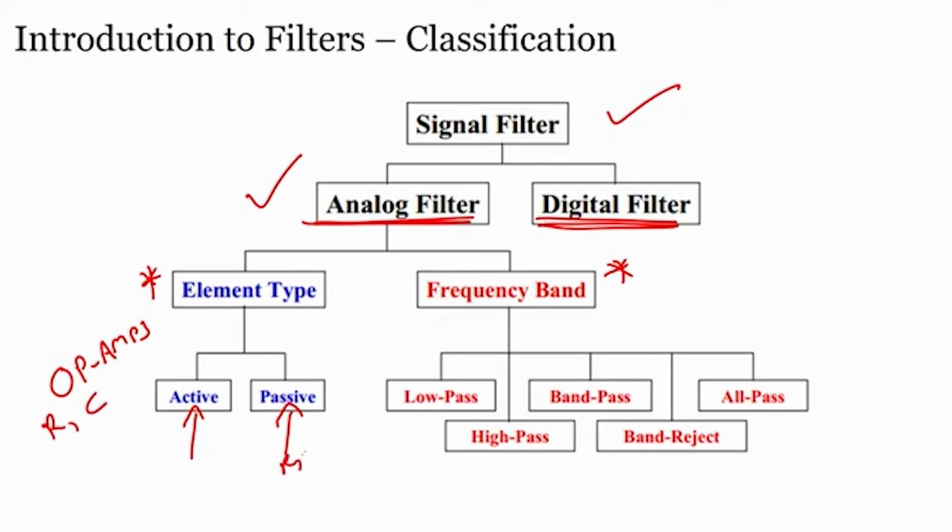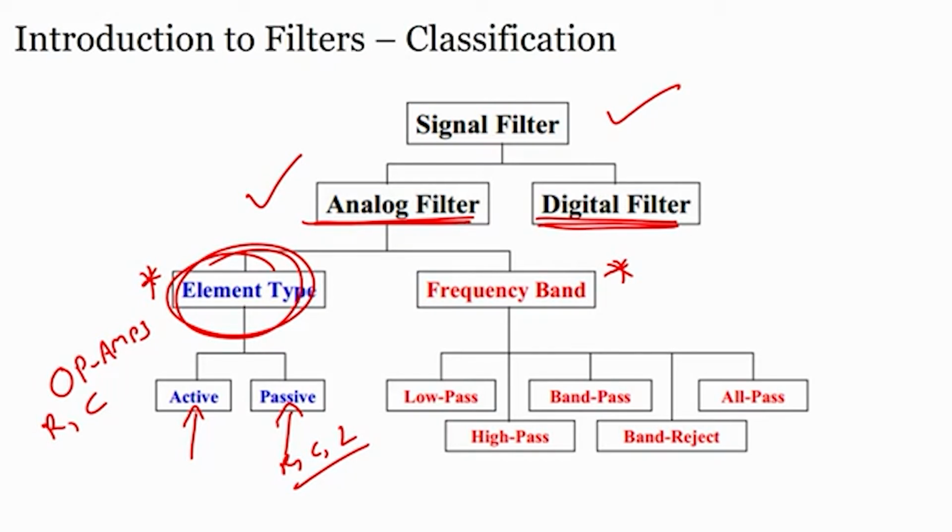Passive: resistors, capacitors, inductors. Based on frequency band, which band of frequency it will allow to pass and which it will reject, or it may allow all the frequencies to pass.